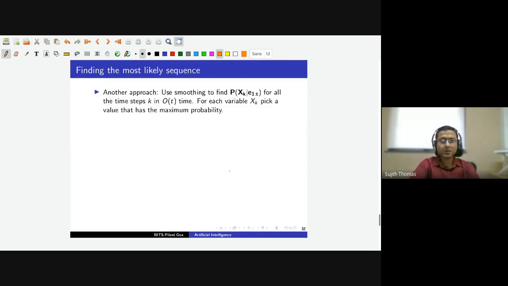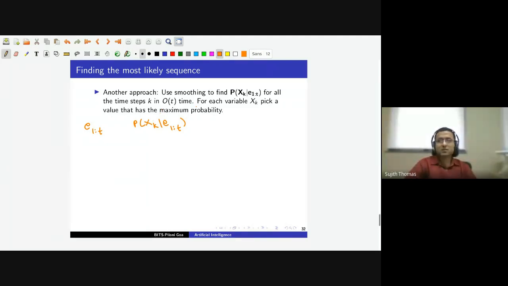So another approach might be to find the smooth estimate for all the state variables till time step t. So we have evidence E_1 to t, and now based on this evidence, we will find a smooth estimate for all the state variables. So as we saw in the previous class, the smooth estimate will be a better estimate because it is based on more evidence. And we also know that we can find the smooth estimate in linear time.